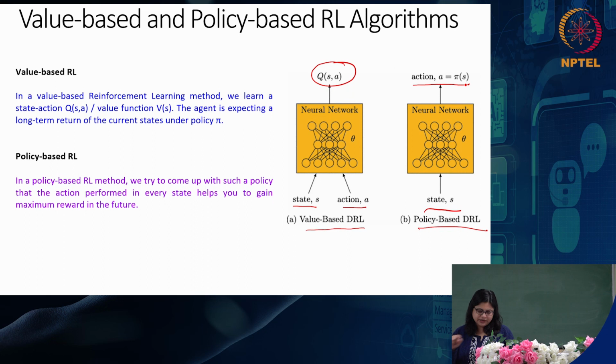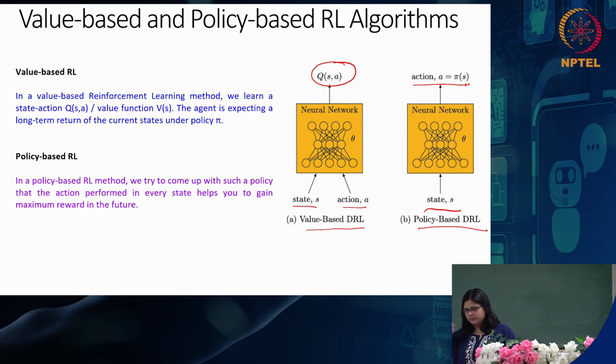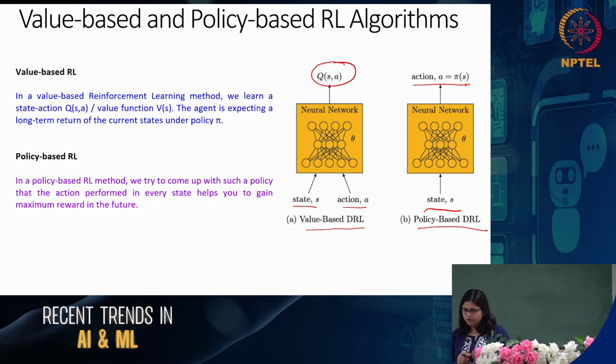But in policy-based, this value function doesn't exist. It is directly mapping from state to action, like our finite state automata. In a finite state automaton, we used to go from one state to another state. There was no value function or Q function. Very similar to this, but here in value-based DRL, we are also quantifying the goodness of a particular state.